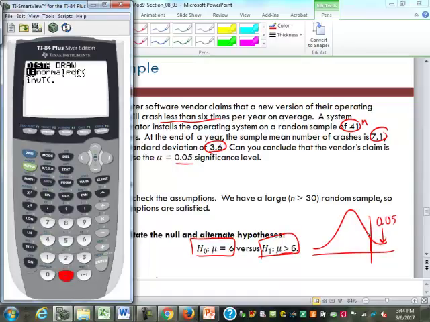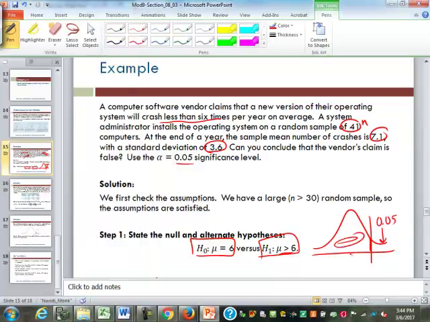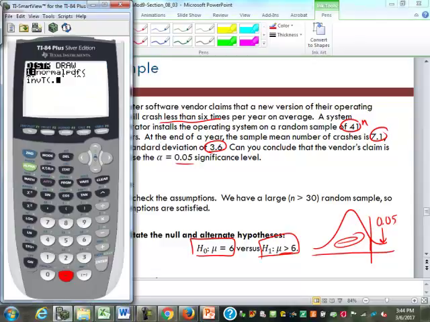Remember, we're looking at less than for the t function, so this is actually 0.95. We enter 0.95, and we have to enter our degrees of freedom. Sample size is 41, so the degrees of freedom is 40. We get 1.684 as our critical value.